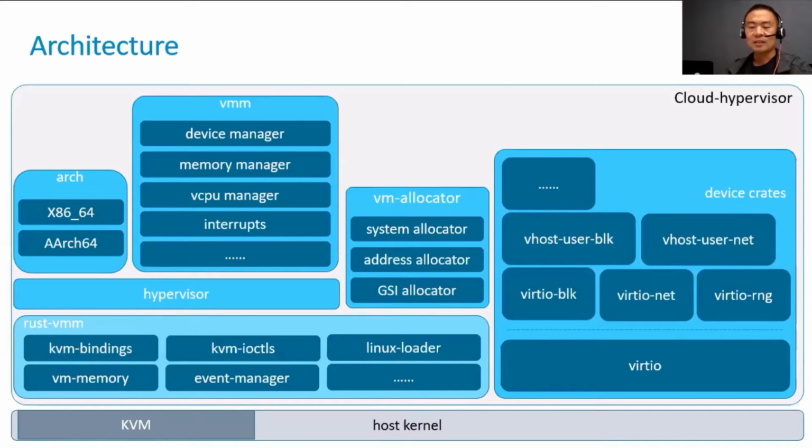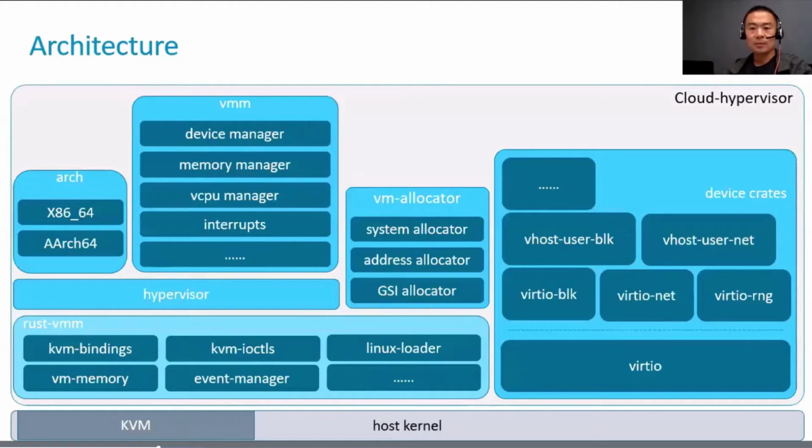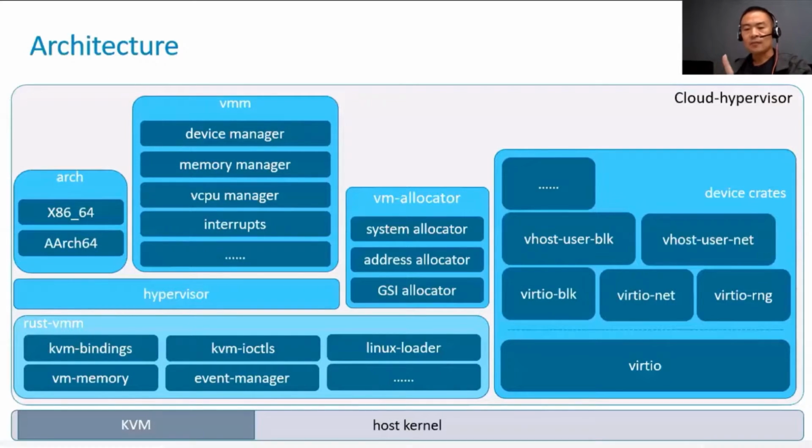It manages devices, memory, CPUs, and interrupts of a guest VM. The VM allocator is a resource management component. It is in charge of allocating and deallocating DRAM addresses, I/O addresses, and IRQ numbers.